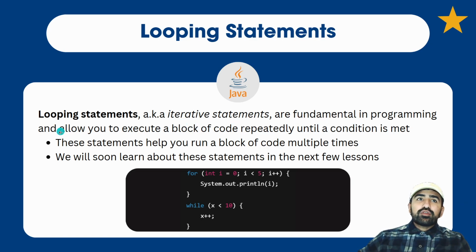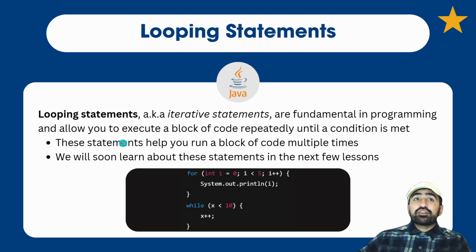These are fundamental in programming and allow you to execute a block of code repeatedly until a condition is met. Looping is useful if you need to run a piece of code more than one time or based on a certain condition, where it might run zero times, one time, or 100 times, any number you want. You're going to be using these looping statements.